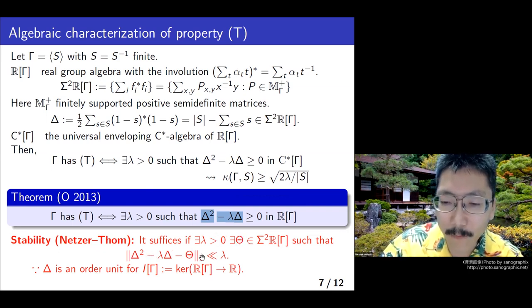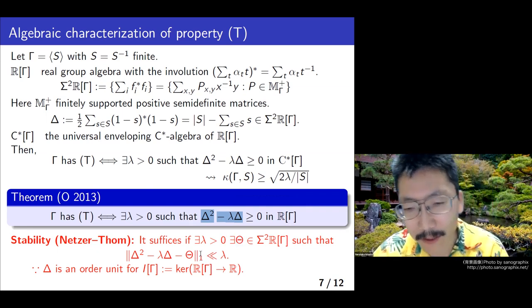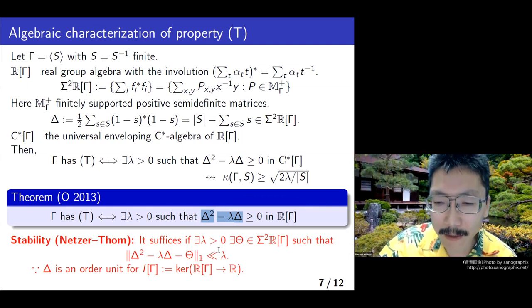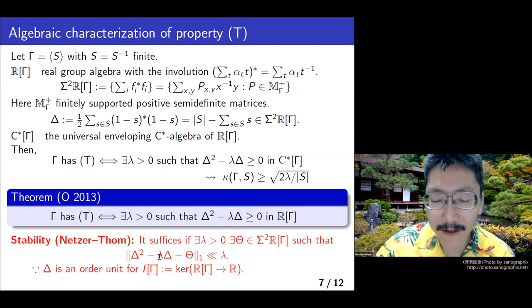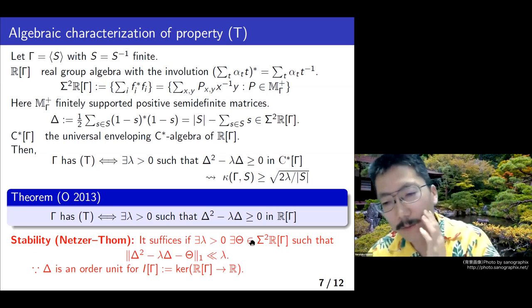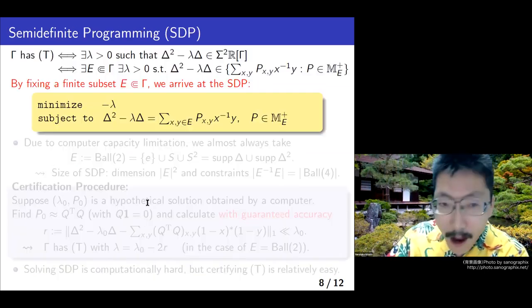Closeness means the weighted L1 distance, the summation of all the absolute values of coefficients, is smaller than lambda. Lambda is usually small, so this is small. If lambda cannot be that big, then for property T this equation does not hold. If lambda is small, this equation likely holds, but this part becomes a bit more complicated.